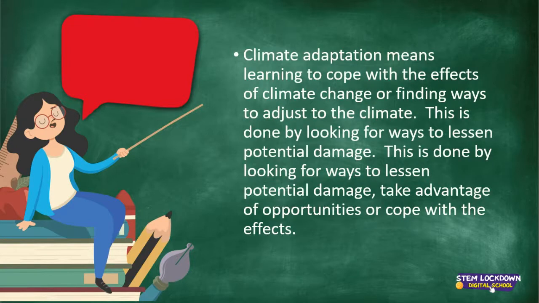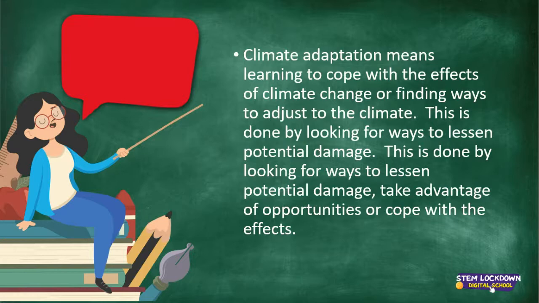So, climate adaptation means learning to cope with the effects of climate change or finding ways to adjust to the climate. This is done by looking for ways to lessen potential damage, take advantage of opportunities, or cope with the effects.